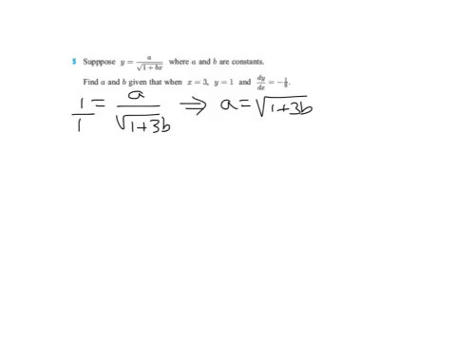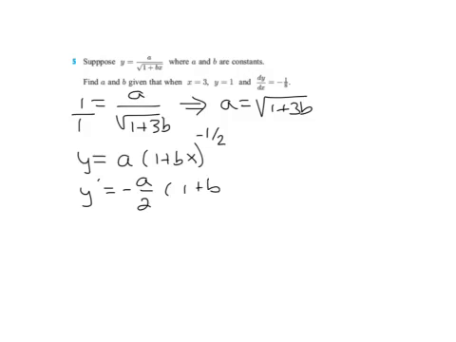Alright, looks like we need to take the derivative of y, so let's rewrite the y in non-fractional form. So we have y is equal to a times 1 plus bx raised to the negative half power. So taking a derivative of y, we bring down the exponent, so we have negative a over 2, and then we have 1 plus bx, negative half minus 1, that would make it negative 3 over 2.